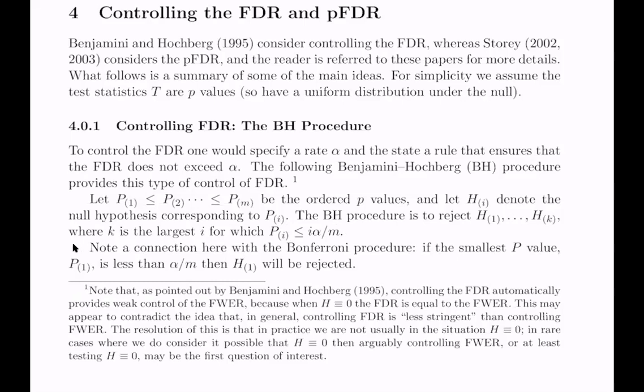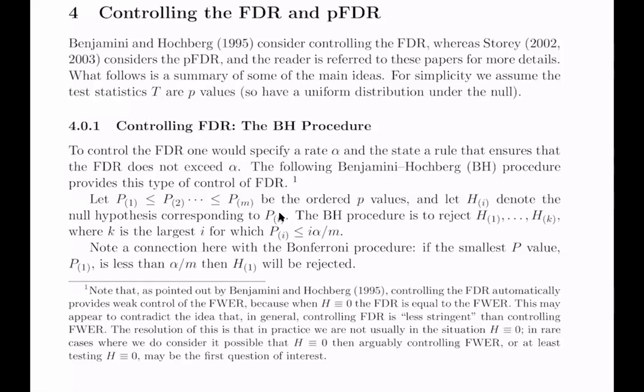But anyway, think of this: you just take the largest k for which p_k is less than or equal to k alpha over m. You can see that if the smallest one is significant in the Bonferroni procedure, that's what the first one is compared with, alpha over m.